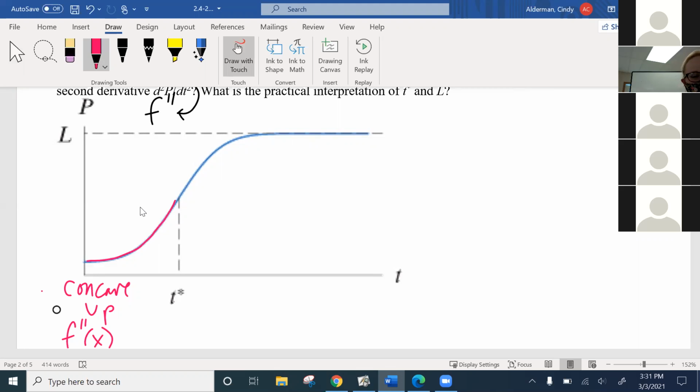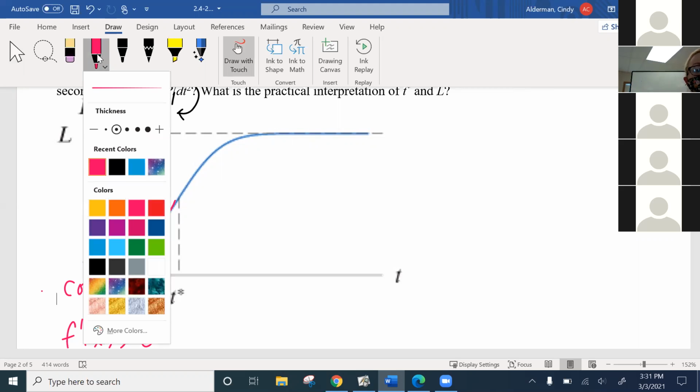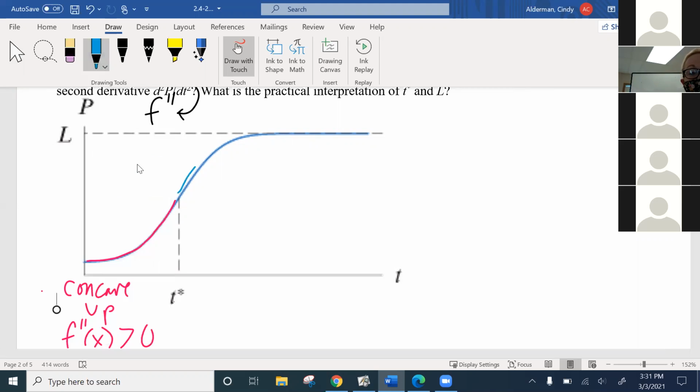Above, very good. All right, what else is going on? Oh, and then we've got something else happening here. Concave up or concave down? Down, right? Therefore, we know that the second derivative is going to be below the x-axis, right? And they always say that by saying less than 0, okay?